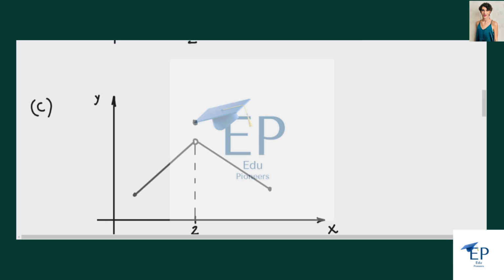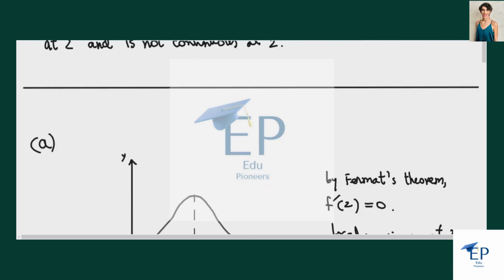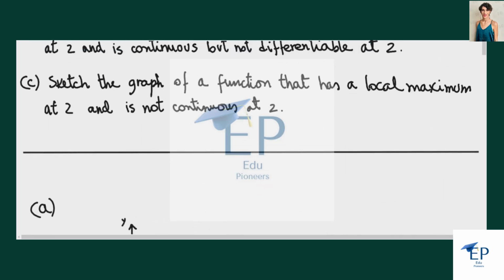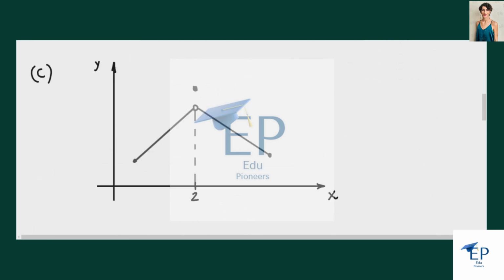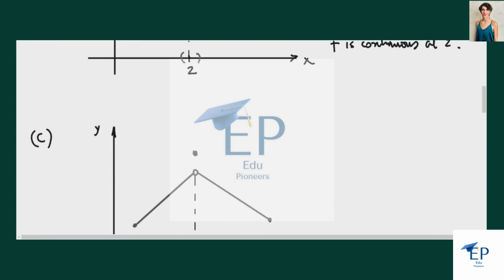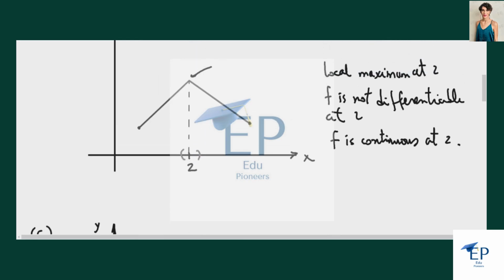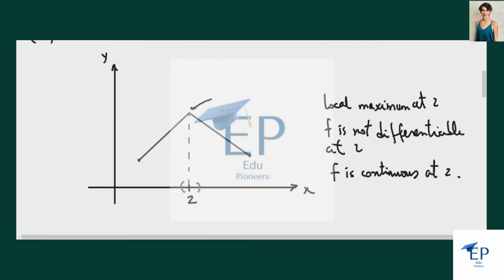And part C, we want a graph of a function that has a local maximum at 2 again and is not continuous at 2. And that's an interesting case because this part B is almost a solution, but we have to take the image of 2 away from the trend of the lines.